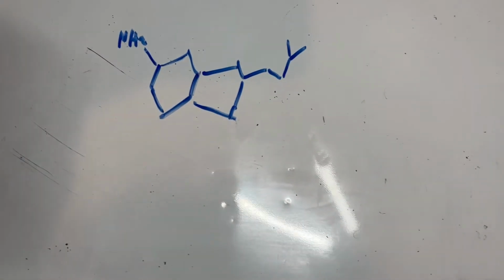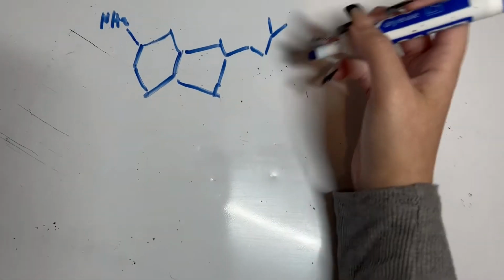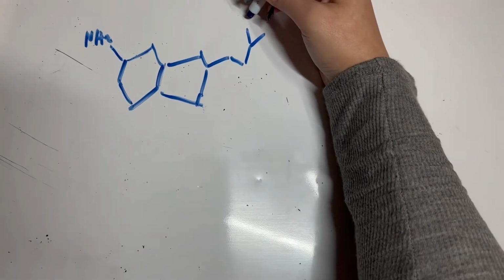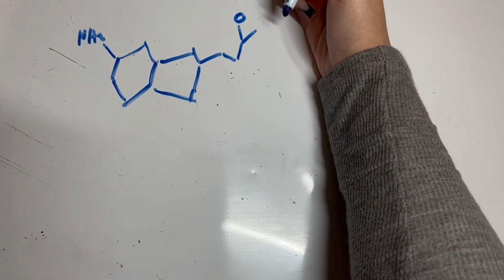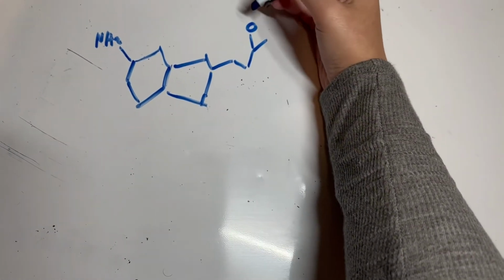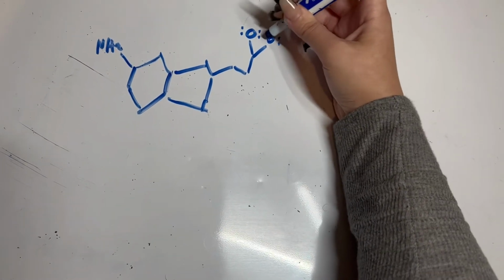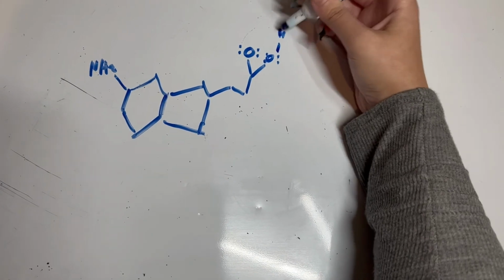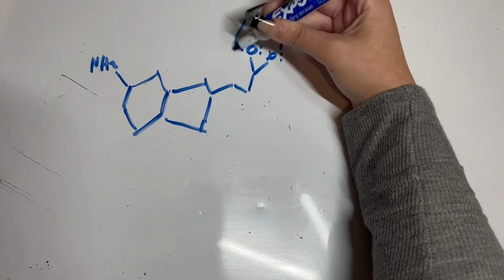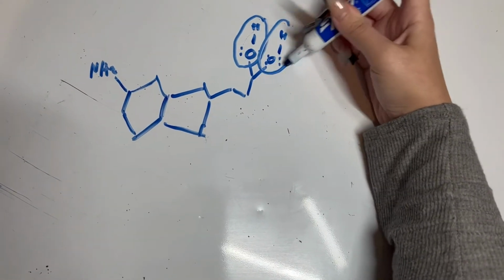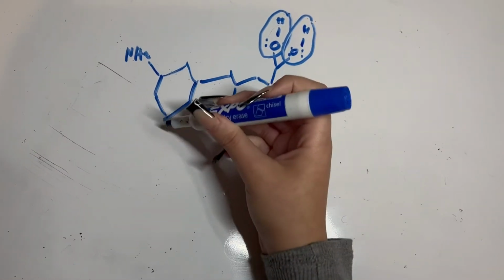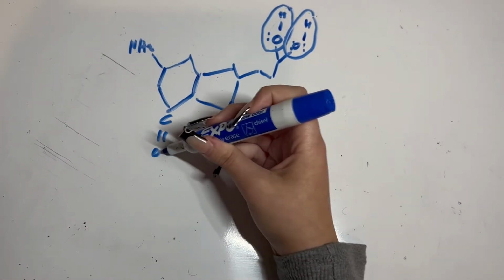So now I am going to circle all the polar portions of the molecule. So basically, this is the polar portion, so we're gonna circle this.